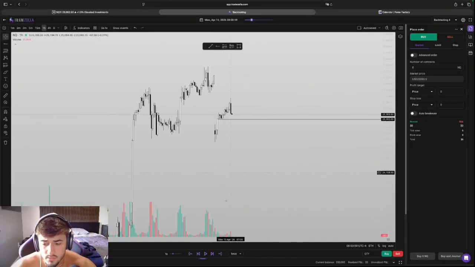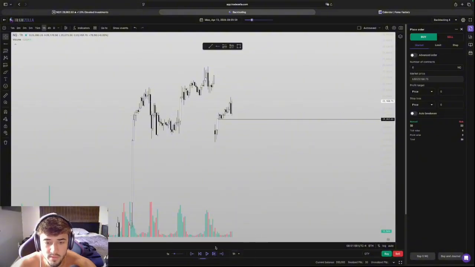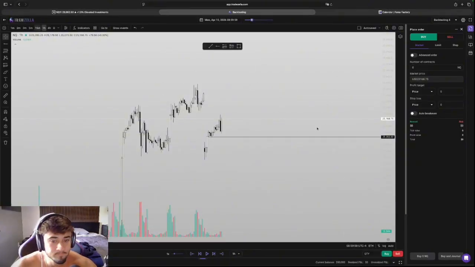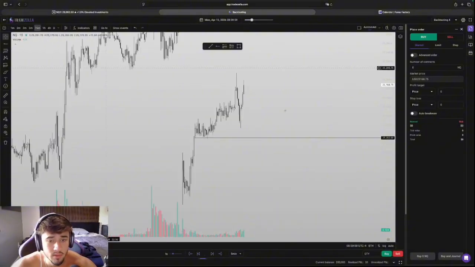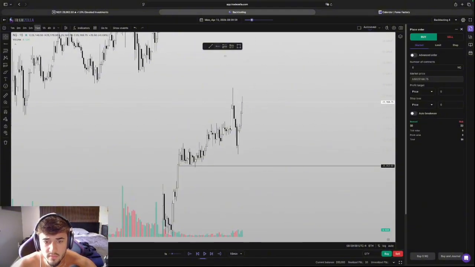Oh my lord, always forget to do this. Alright, so this is at 9. Let's see if we can catch this 9:30 move. Alright, so this took these lows out.